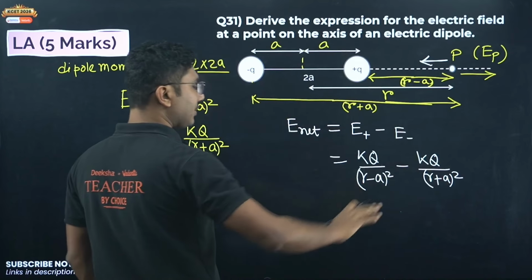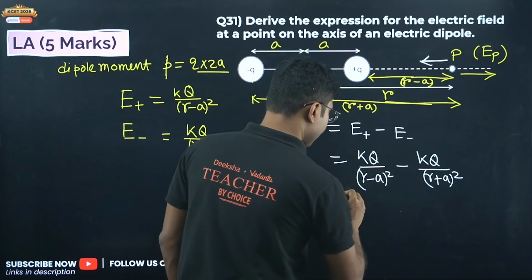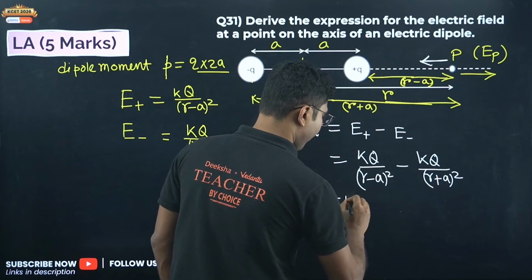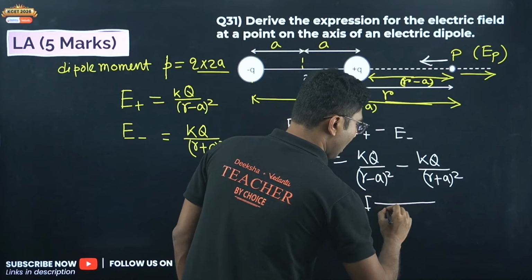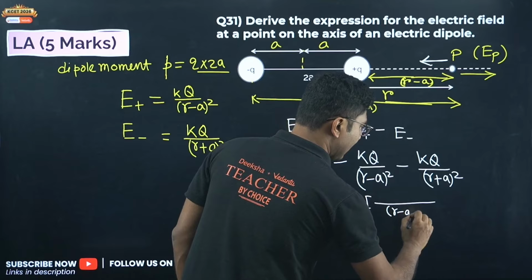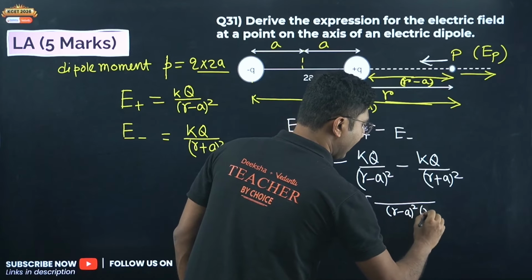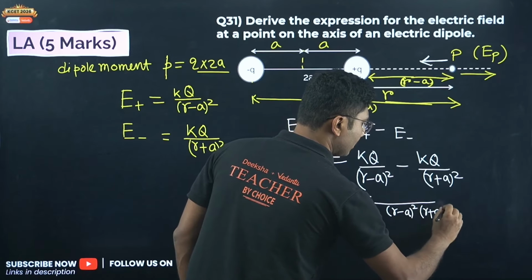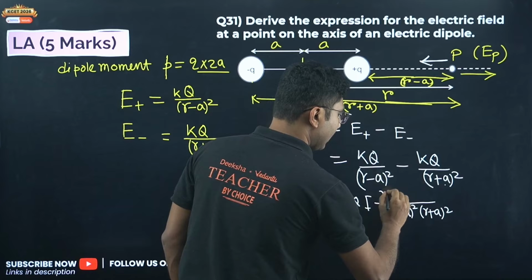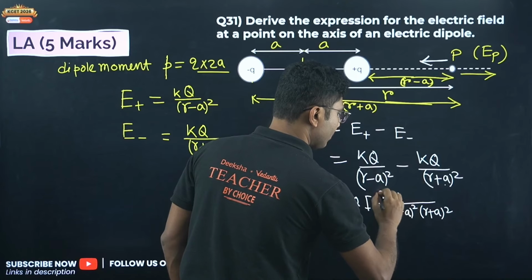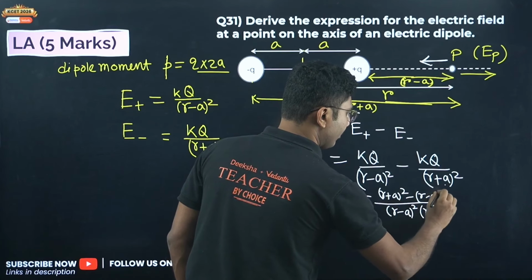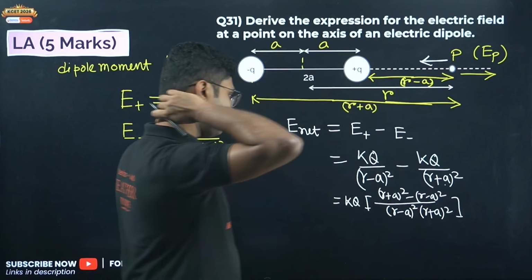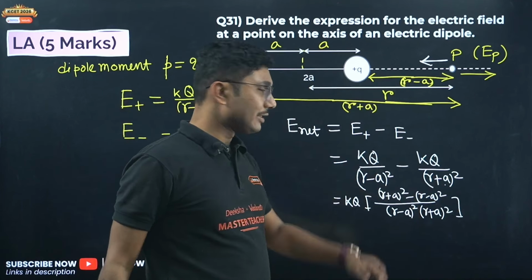Now we have to simplify this. So KQ is common, and we get R minus A whole square, R plus A whole square. This comes over here, R plus A whole square minus R minus A whole square. Okay, now what is R plus A into R minus A?